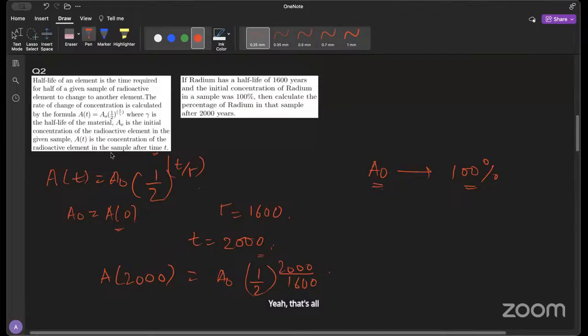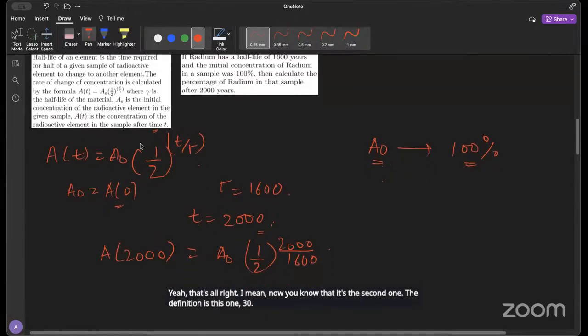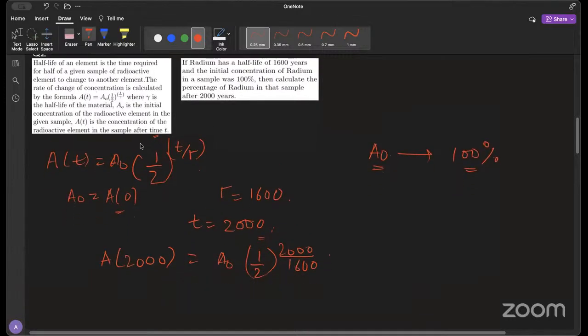Now you know that the definition is this one for A_T. You don't have to do the integration. So this is A naught half to the power 5/4, your concentration at this time T.